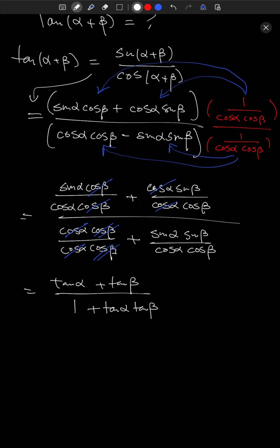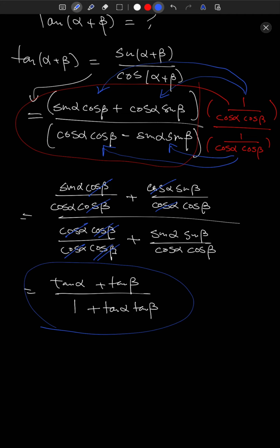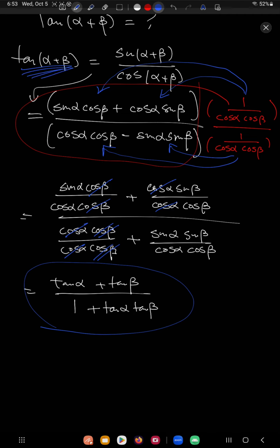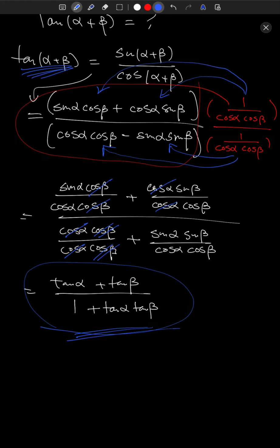And so even though our first step over here is already pretty much usable, our very last step looks very nice because we've broken down tangent of alpha plus beta in terms of all tangents, right? Tangent alphas and tangent betas. So that makes a very nice looking identity, very clean looking, all right?